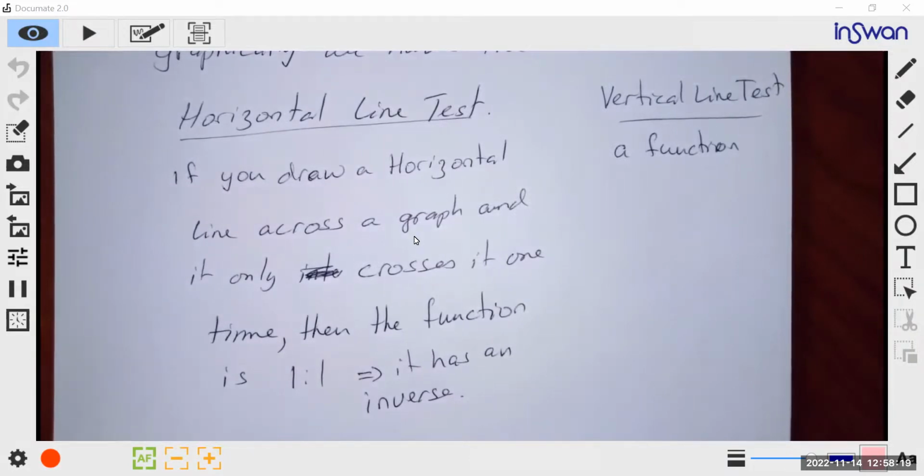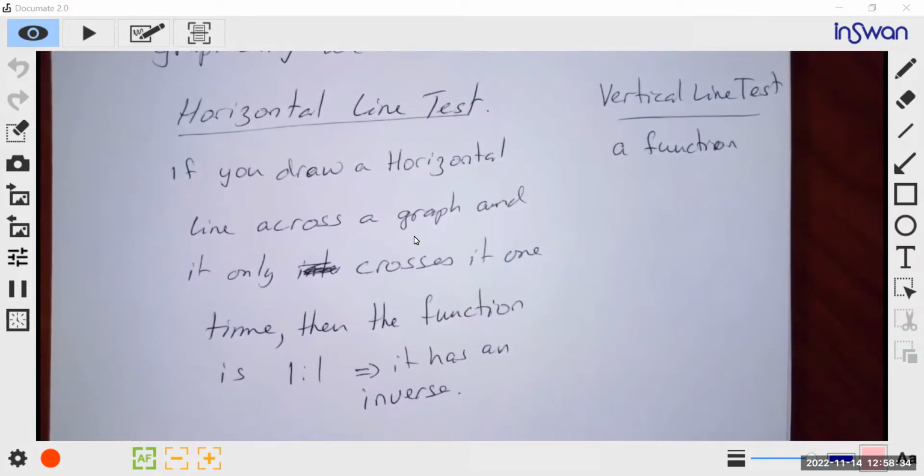So the horizontal line test says this: if you draw a horizontal line and it only crosses the graph one time, then that tells you that the function is one-to-one, meaning that it's possible to find an inverse of it.